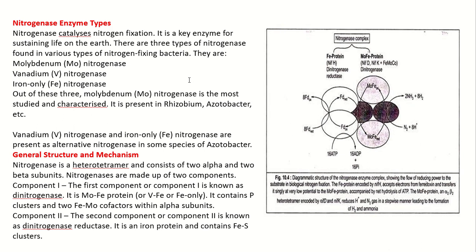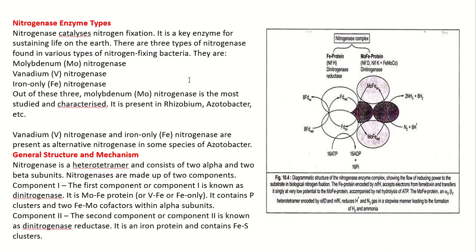So the nitrogenase complex you can see in the picture also. Fe protein and MoFe protein, dinitrogenase reductase and dinitrogenase. So this is the diagrammatic structure of the nitrogenase enzyme complex, found in some species of Azotobacter. Certain cultures are also available in the market for leguminous crops.